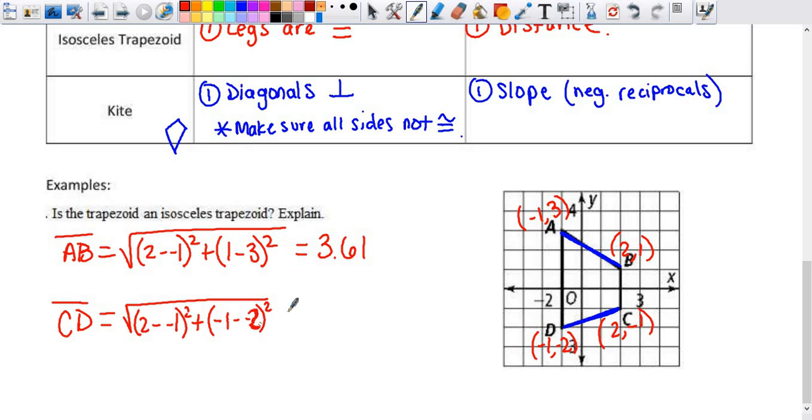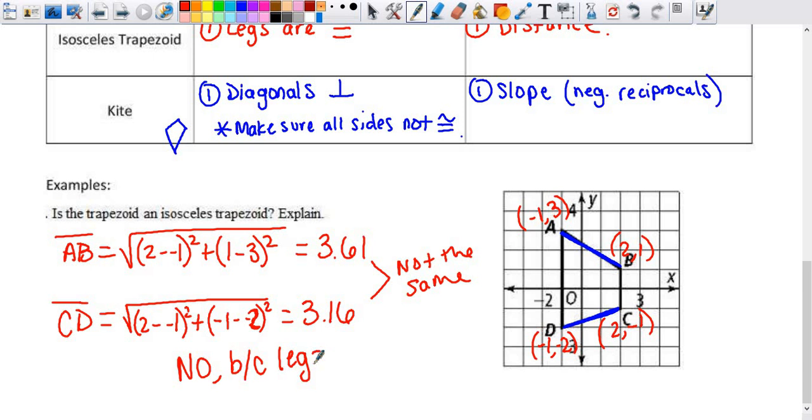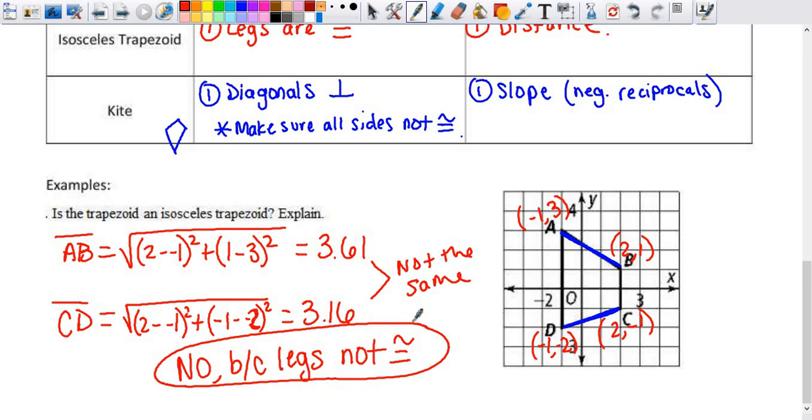All right, and so if you do this, you actually get 3.16, okay? So these are not the same, which means, is this an isosceles trapezoid? No, because legs not congruent, okay? So since the legs were not congruent, we can't say this is an isosceles trapezoid. Let's go ahead and flip it over.